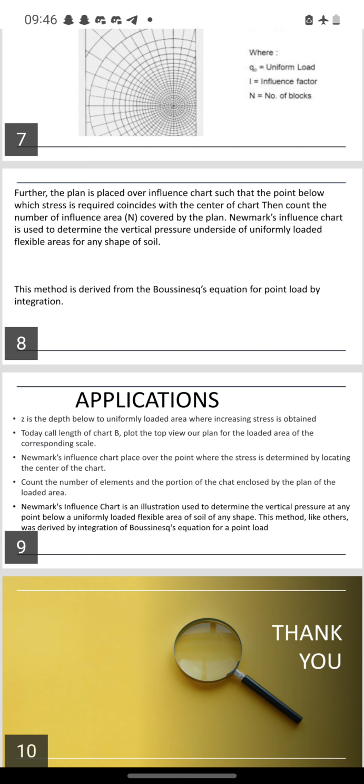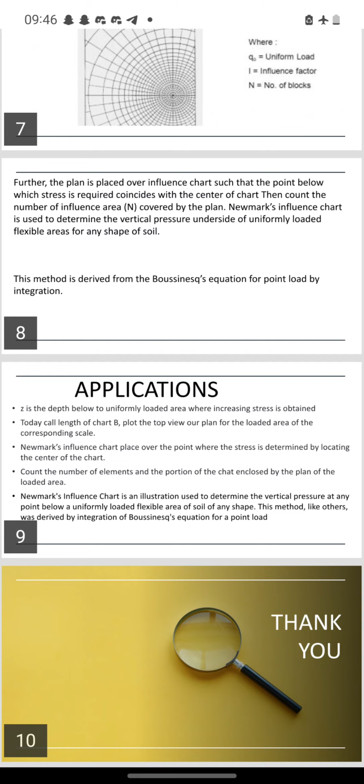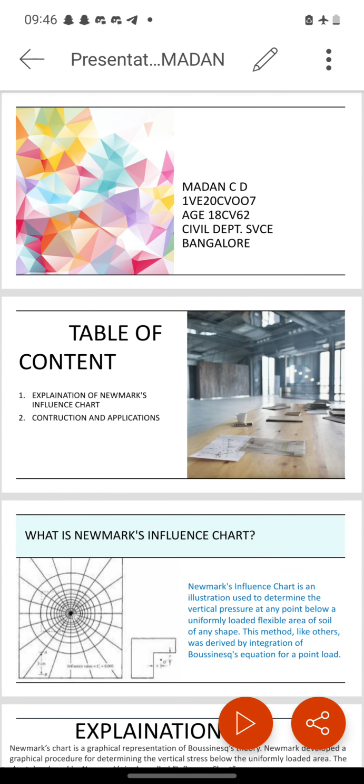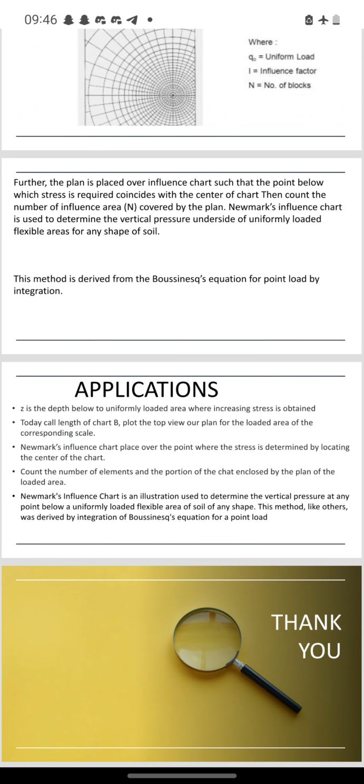This method, like others, was derived by integration of the Boussinesq equation of the point load. This is the information about the explanation of Newmark's influence chart, its construction and its applications.